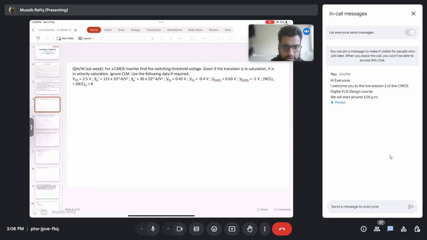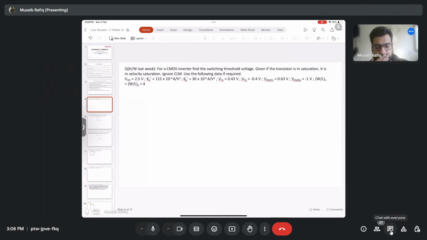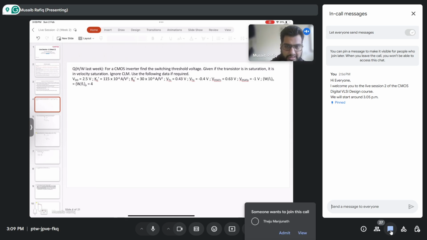So has anyone solved it? If yes, please type in your answer. Otherwise, I'll show the solution. You can type your answers in the chat box, and I'll then proceed with the solution. We'll just go quickly over this question because it's from last week.